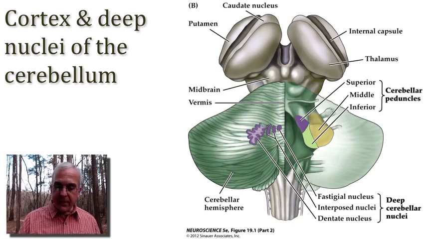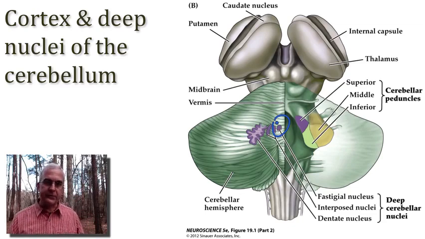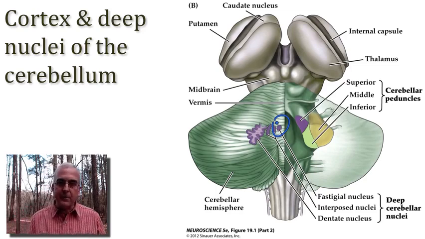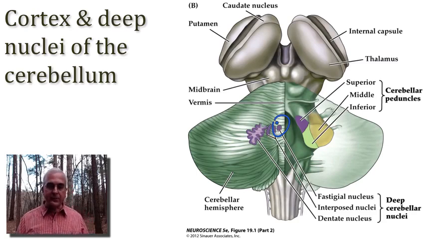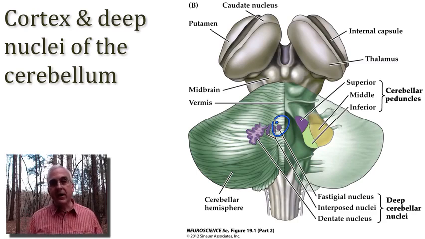And then most medially there is a small nucleus called the fastigial nucleus, and this nucleus pertains mainly to the vermis, or the medial region of the spinal cerebellum, and it's found appropriately on the medial side of this cluster of nuclei. Now you may be wondering about a deep nucleus for the vestibulocerebellum. As I'll mention, the deep nuclei of the vestibulocerebellum are actually the vestibular nuclei of the brainstem.